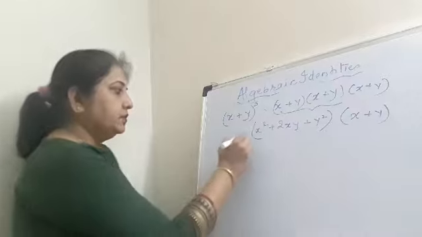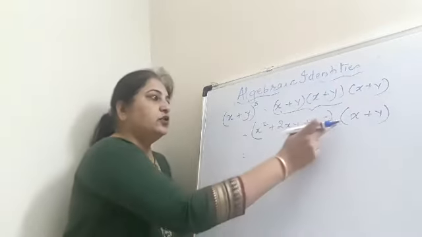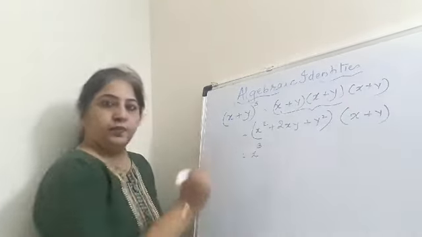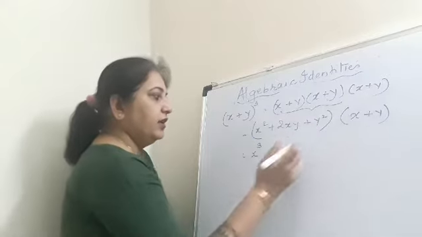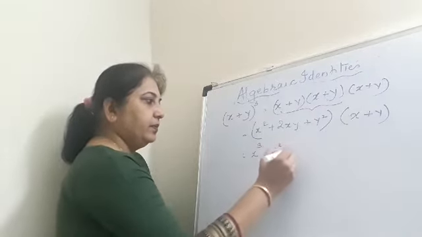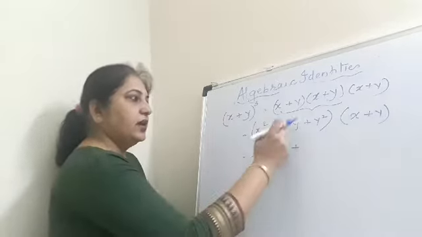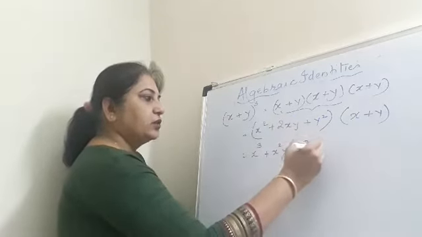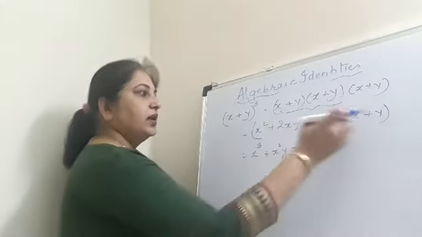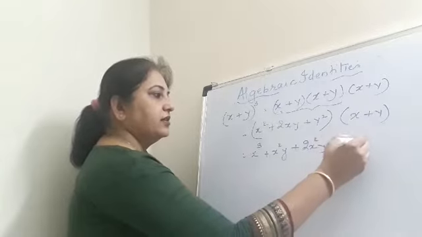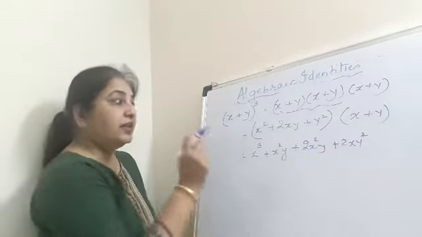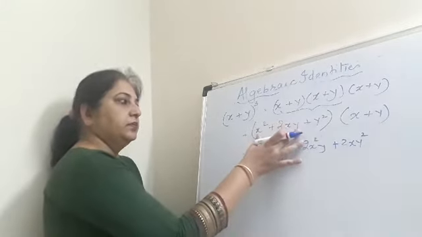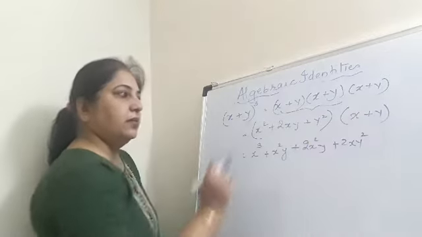Okay, so now what? x square into x will give you x cube. x square into y will give you x square y, plus 2xy into x will give you 2x square y. 2xy into y will give you 2xy square. Okay, each term of this bracket will be multiplied with this binomial.